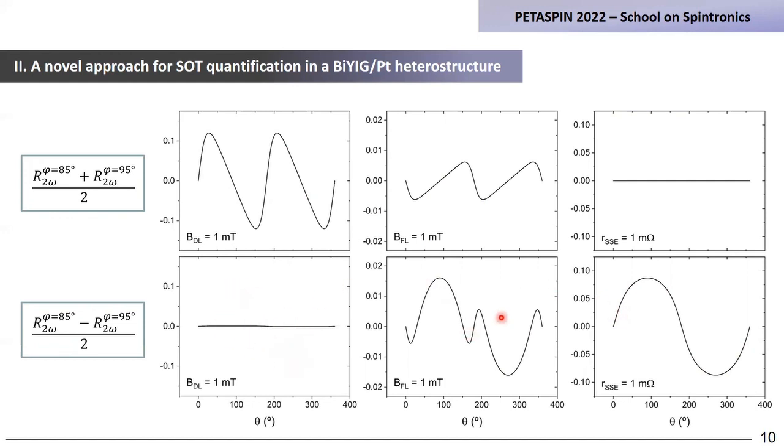In this situation, we can easily discriminate between the field-like and the spin-Seebeck effect by simply analyzing the external field dependence. In fact, while the thermoelectric effect should remain constant for different external fields, the field-like contribution should systematically decrease because the magnetization becomes more rigidly coupled to the external field direction.